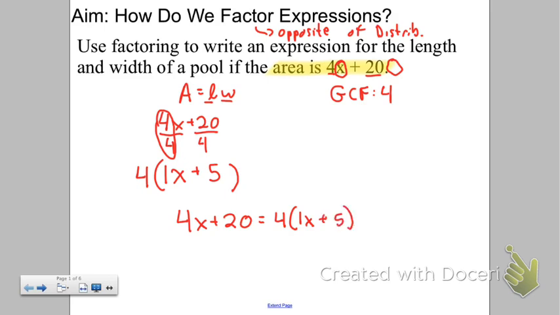I've turned this expression into two expressions being multiplied. The 4 can be my length, and the 1x plus 5 can be my width.